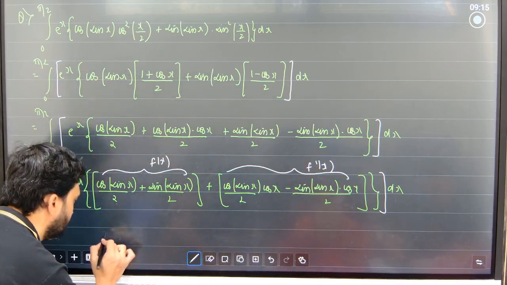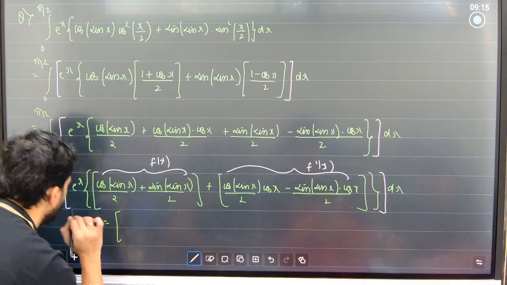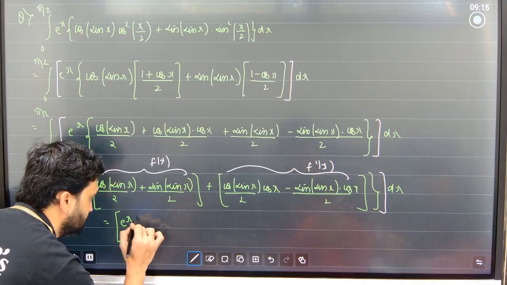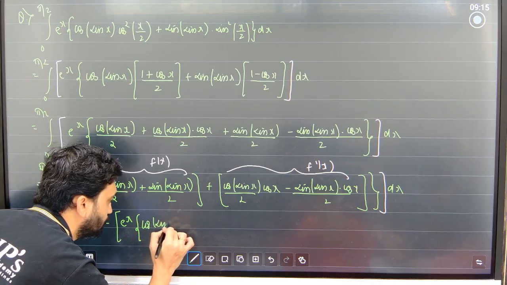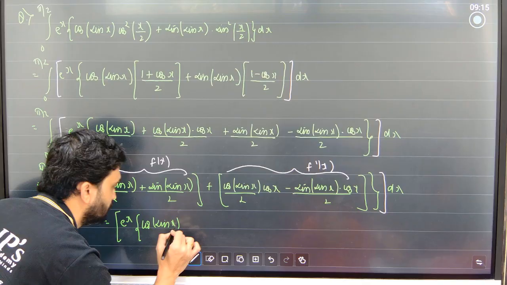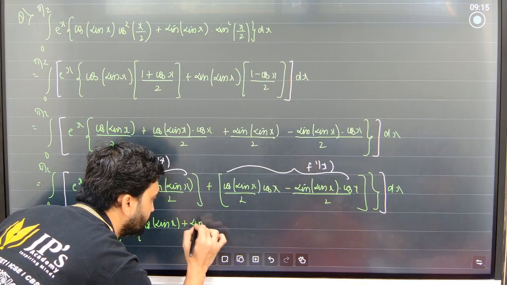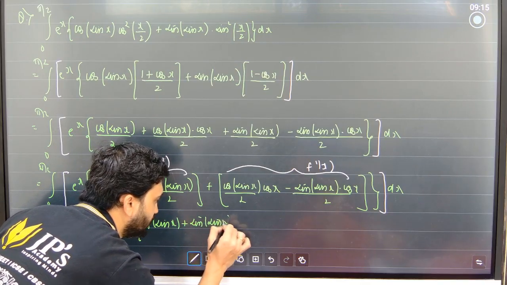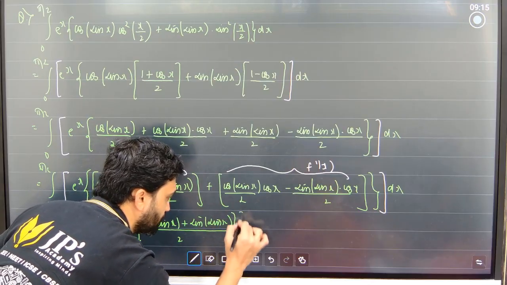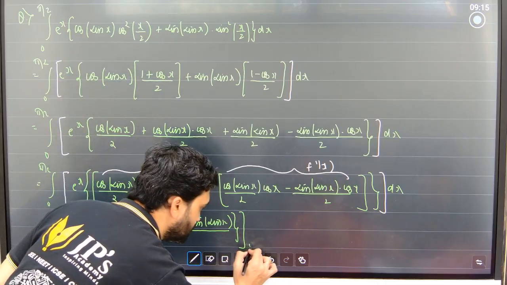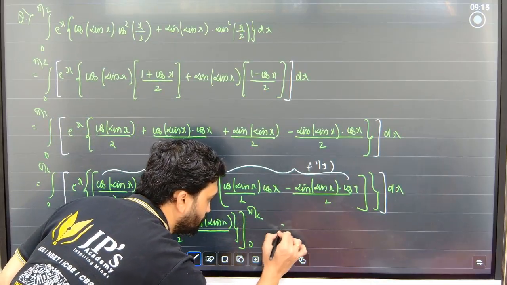And my final answer will be, we have not substituted the limits, e raised to x cos of sin x plus sin of sin x the whole upon 2 from 0 to pi by 2.